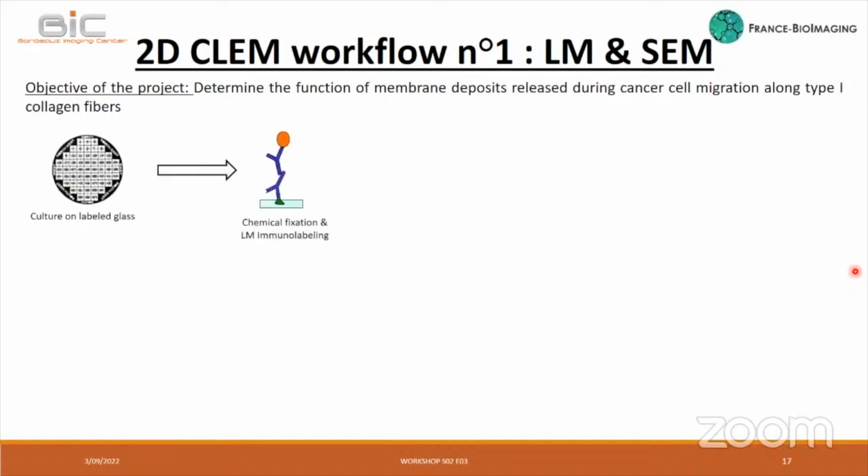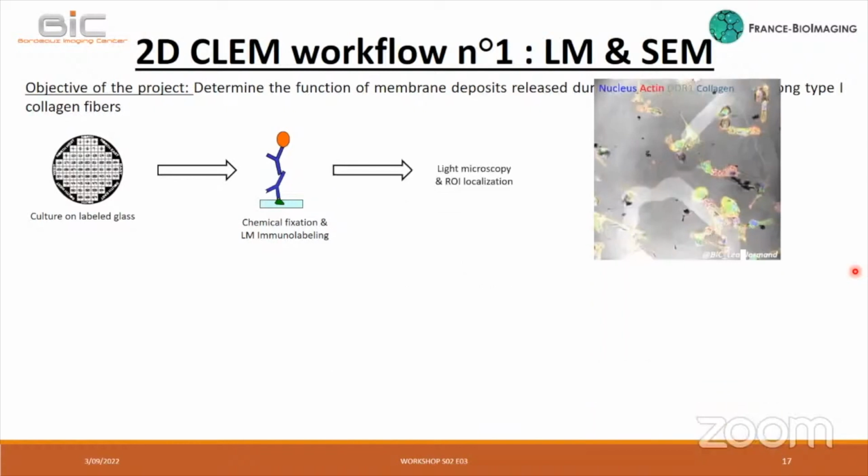Technically, the culture was performed on a glass coverslip with a numeric pattern. After chemical fixation and light microscopy immunolabeling, the culture was observed in light microscopy, in confocal exactly, and the region of interest was localized.